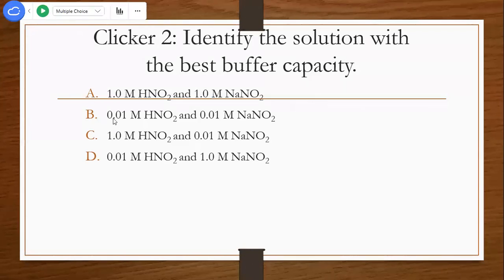All the other ones could only take care of a 100th of a mole. 1 and 0.01, 0.01 and 1. You want the biggest of both numbers for the biggest buffer capacity. So some of these would be good only against base, but not acid. This would be good against acid, but not base. This would be good against neither.